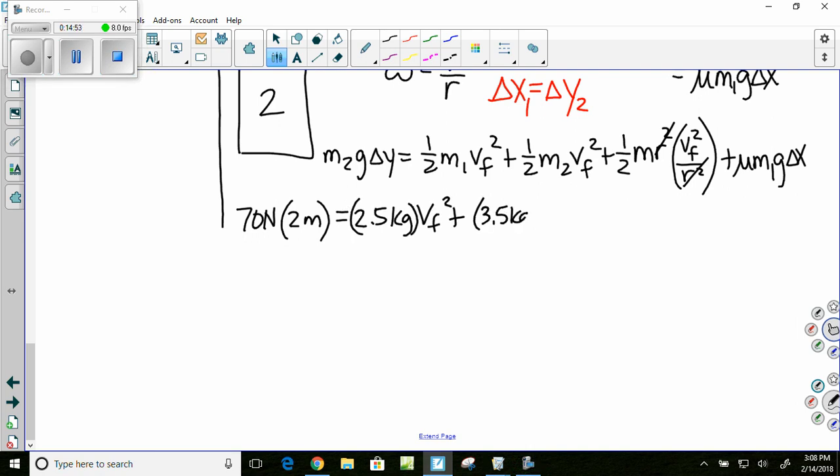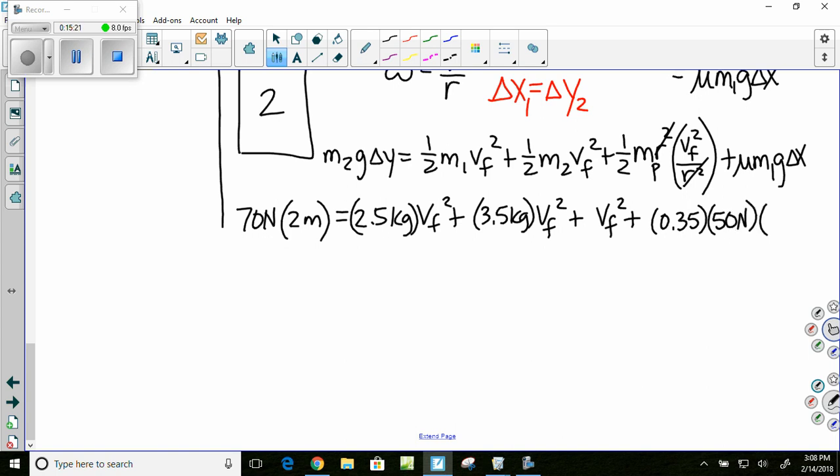We want to make sure we understand that. So 1/2 the mass of the pulley ends up being 1 because the pulley was 2 kilograms. So this is just 1 times V final squared, plus the coefficient of friction is 0.35, so it's 0.35 times the m1 times g, that's the weight, the 50 newtons, and delta x is 2 meters.